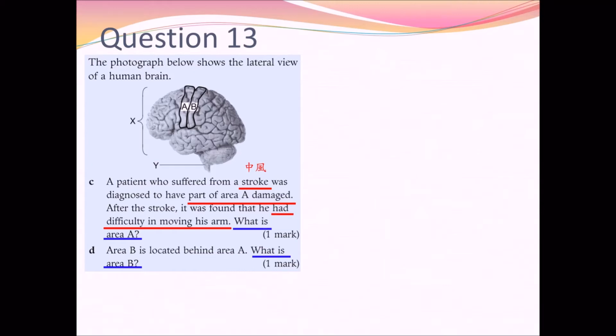So the question is asking what is area A. What you know is that area A is responsible for movement, so you have this very brief idea first. And then for part D, area B is located behind area A. So what is area B?